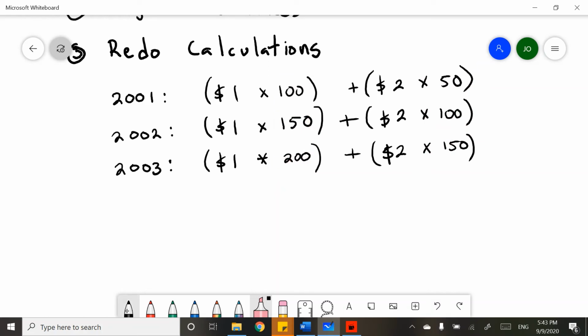So let's do the calculations. For the first one, we already had said that 2001 was my base year, so nothing should change. And in fact, 100 plus 2 times 50 is the same thing that we got for our nominal GDP, which is 200. Always double check your work because this is how it should be. For the base year, the numbers should not change.